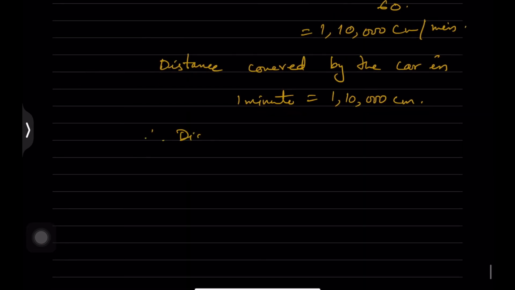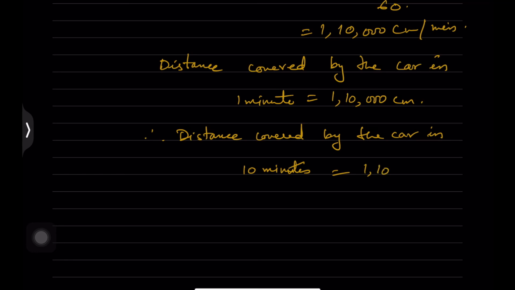Therefore, the distance covered by the car in 10 minutes is equal to 1,10,000 into 10, which is equal to 11 lakh centimeters.